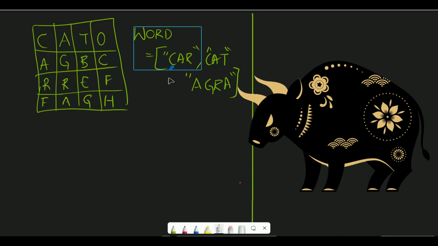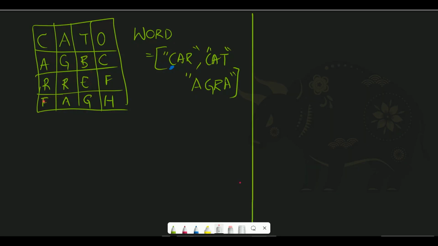We can say, oh, I don't see such an element in my word list, so going in that direction will never help. So by this, we can save a lot of exploration steps that we do in a classic DFS.